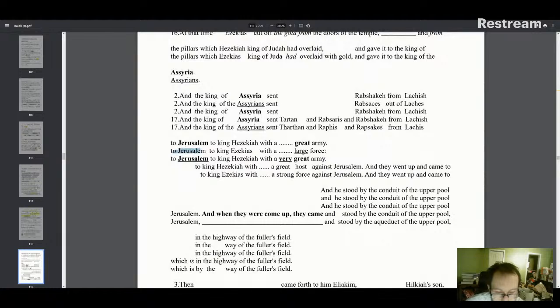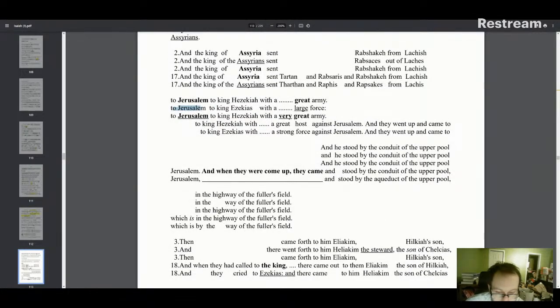Okay, let's see here. Although it looks like, okay, Jerusalem's mentioned twice. It only mentions it once in Isaiah, but it's twice in Second Kings.